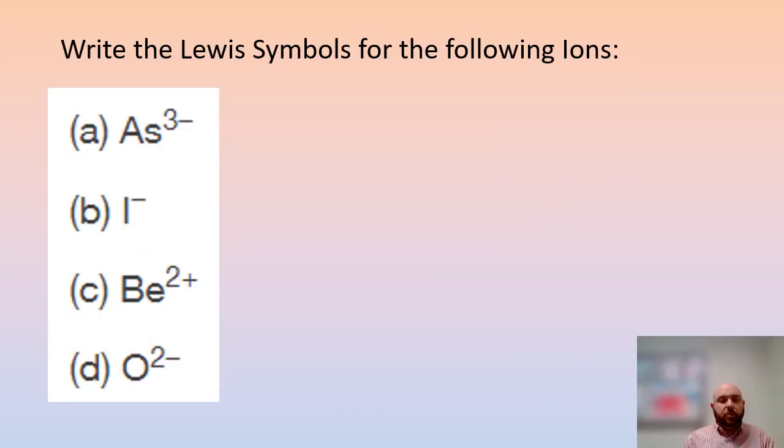On this slide, we're going to draw some of the Lewis structures for the following given ions. And we can see that the first ion we're asked to give a Lewis symbol for is the astatine 3 minus ion. So astatine is found in the 15th column of the periodic table, and all of those elements have 5 valence electrons, and they gain 3 electrons in order to achieve the octet.